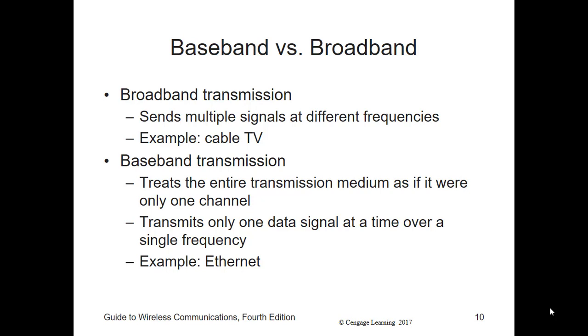With broadband, multiple signals are simultaneously sent over the medium at different frequencies. An example of broadband would be your cable TV, in which multiple entertainment channels are sent on a single cable.